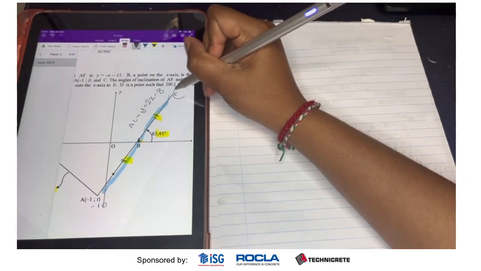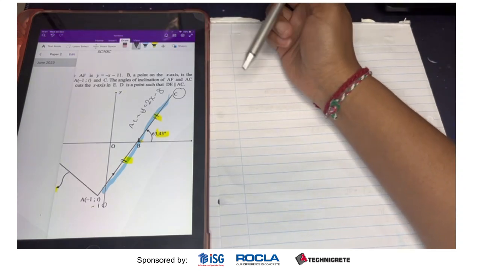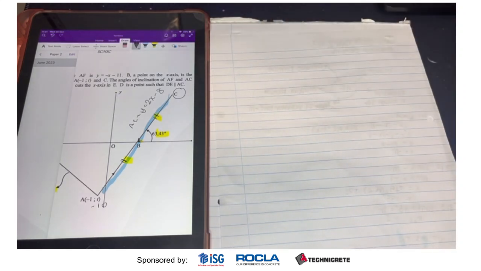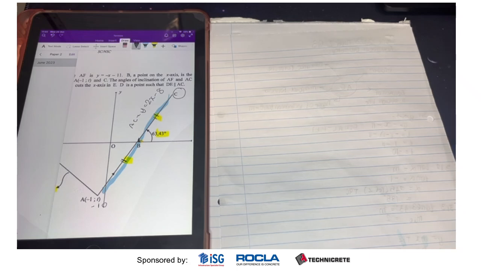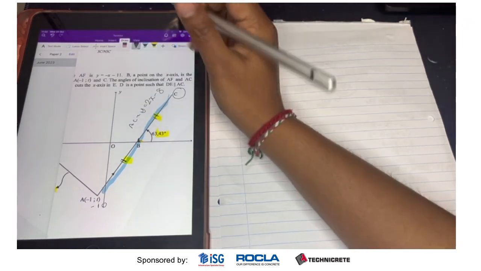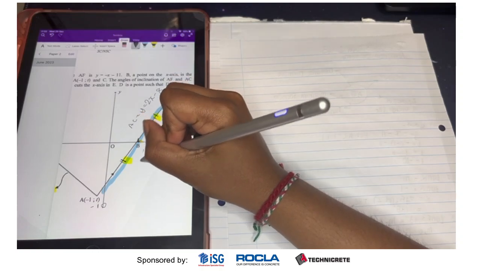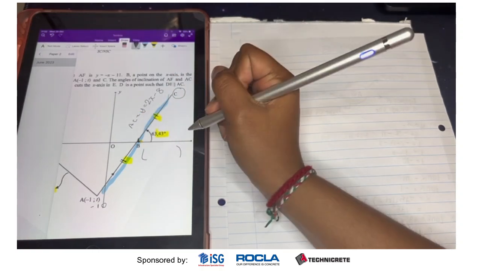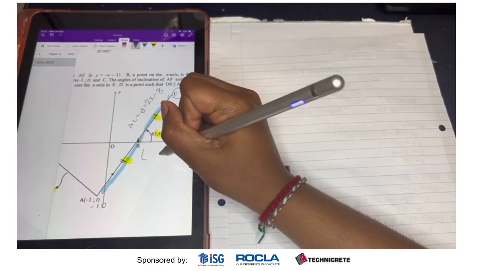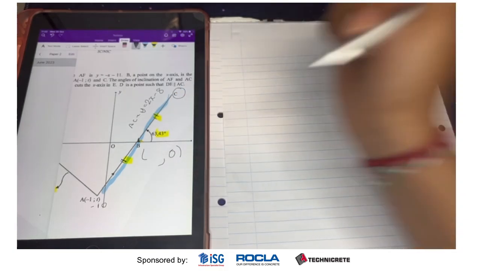We want C. How are we going to find that? Well, from everything that we've been given, we can see the midpoint formula coming into play. The only thing that we need to find is our coordinates of B, which we can find. So firstly, what do we know about B? It's sitting on the x-axis. So what is its x value? We don't know, but we know that y is 0.